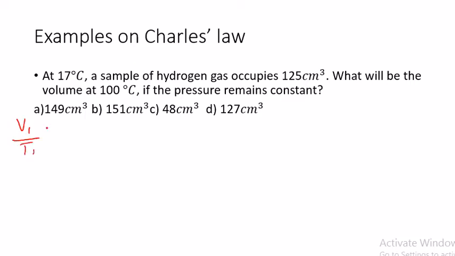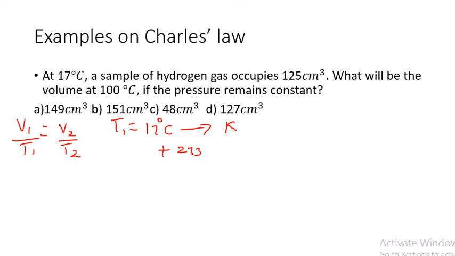Recall that V1 over T1 equals V2 over T2. Right, so the initial temperature is 17 degrees Celsius. I told you, whenever you are given a temperature in degrees Celsius, you have to convert it to Kelvin. And how do you do that? Just add 273.